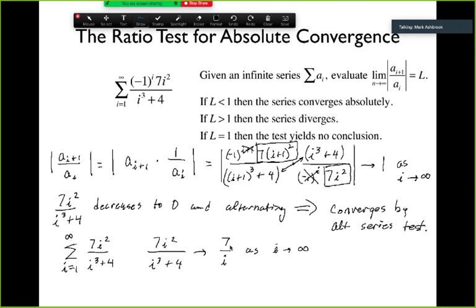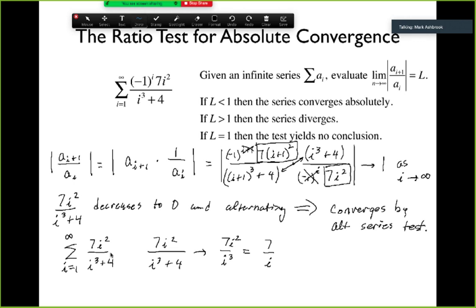It's like 7i squared over i cubed, which is basically the harmonic series, 7 over i. It's like a p series with p equals 1, so the series will not converge.